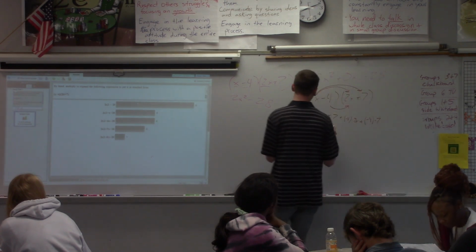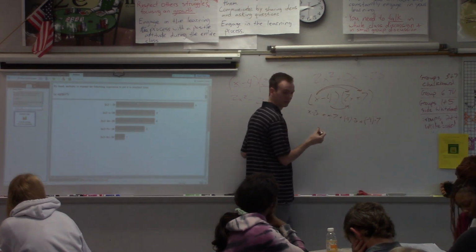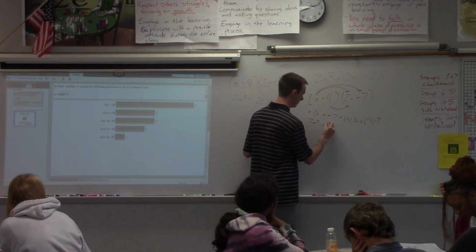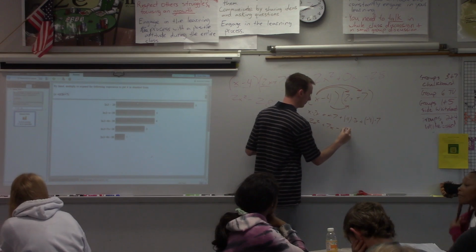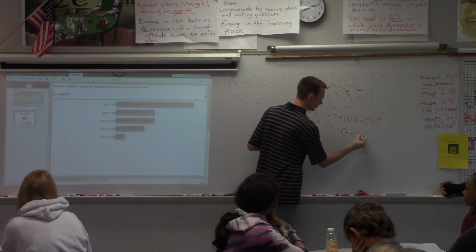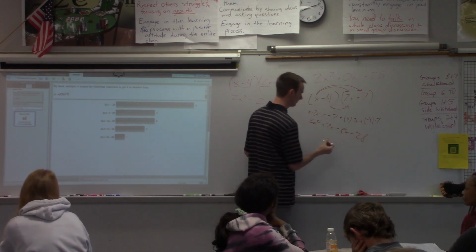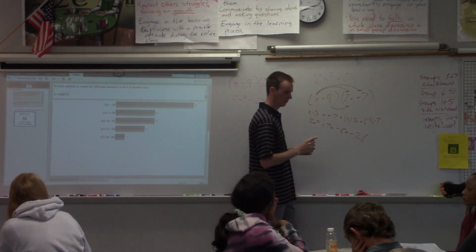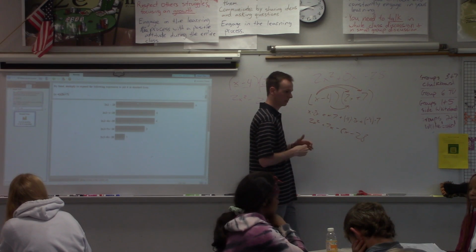And then let's simplify this. Does anybody want to help me simplify this? 2x squared plus 7x minus 8x minus 28. And then, Jacoby, you can combine like terms here. What would our final expression be?